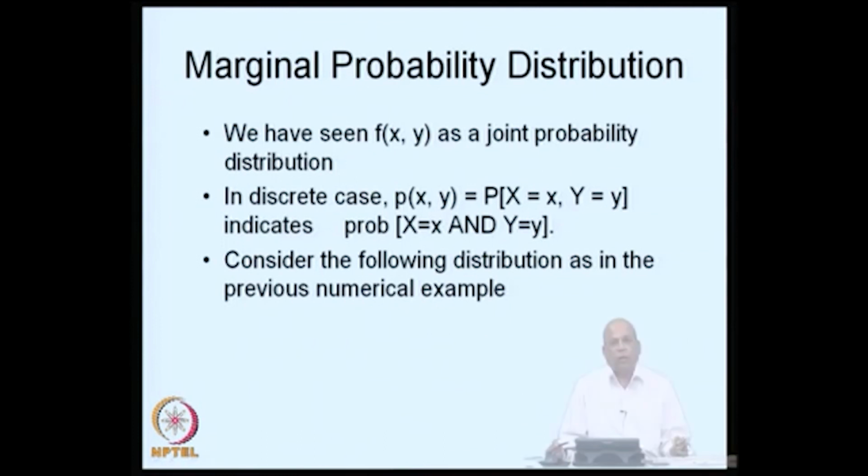Okay, so what we just did is that we defined the joint probability mass function in the case of a discrete 2-dimensional random variable, and the joint probability density function in the case of the 2-dimensional continuous random variable.